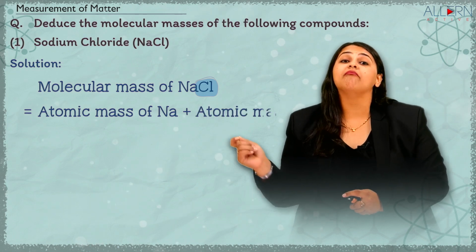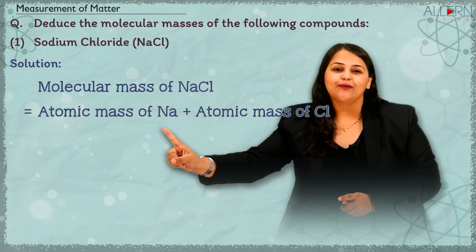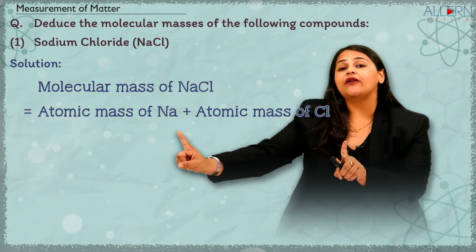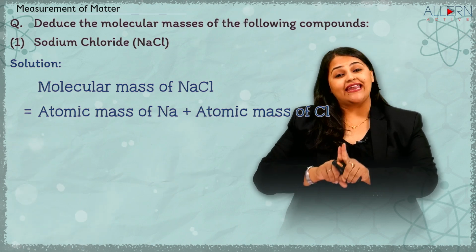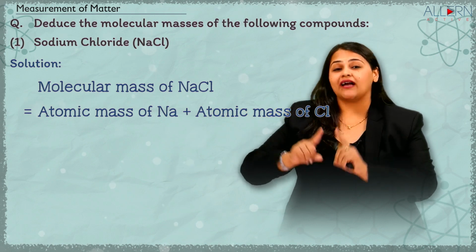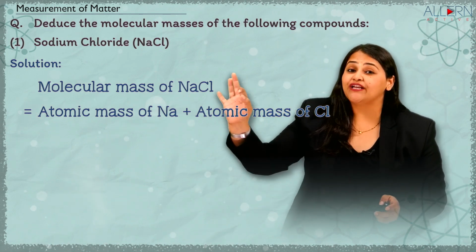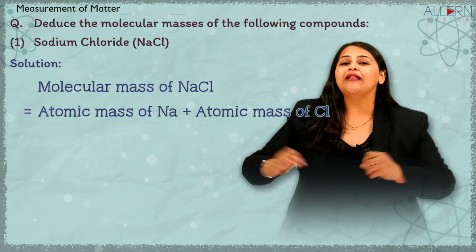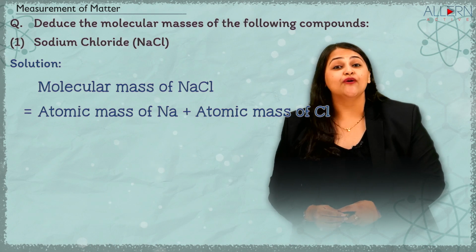So this is atomic mass of chlorine. 1 atom of sodium, 1 atom of chlorine definitely combine with each other in proportion, and they make up a molecule of sodium chloride, and hence the molecular mass of sodium chloride will be equivalent to the atomic mass of sodium and atomic mass of chlorine.